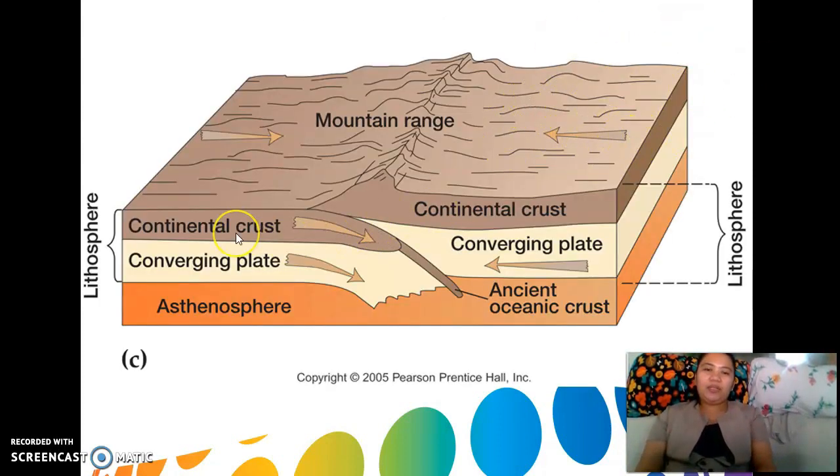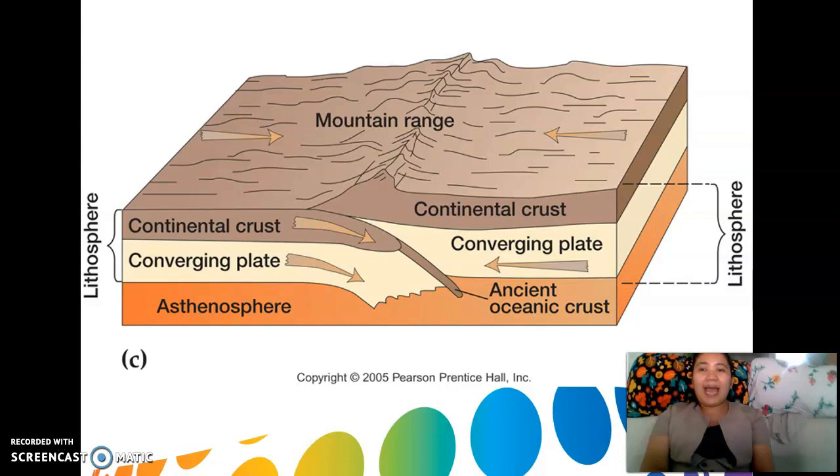See this one? You have here the continental crust against continental crust. There is no subduction formed here, thus you will not form any volcano. Again, because in a subduction zone, the interaction has intensive friction. Friction releases heat. The heat melts the rock. The rock that is molten is magma.